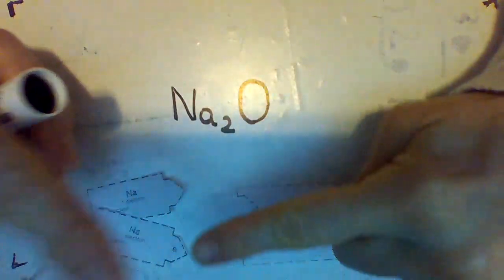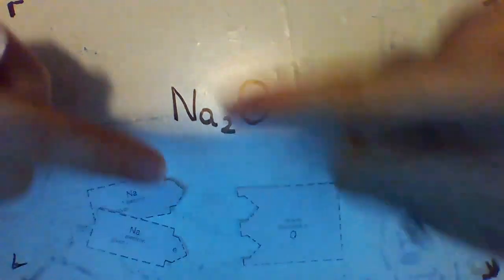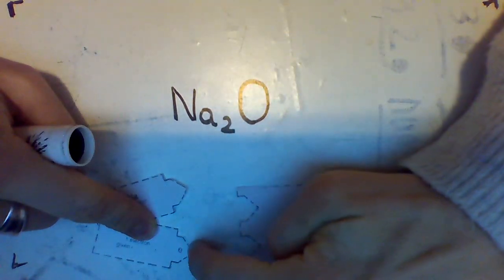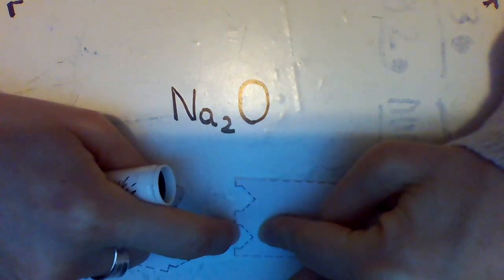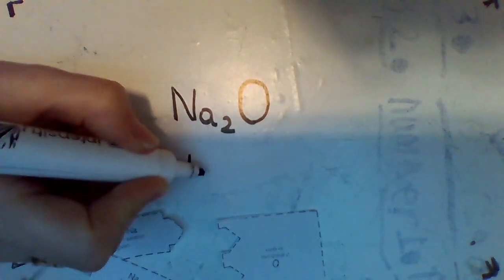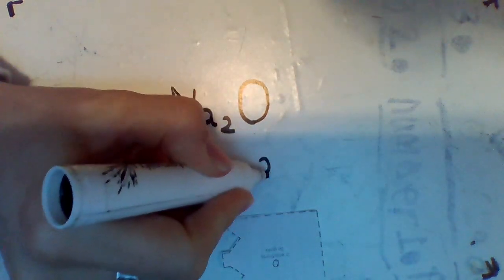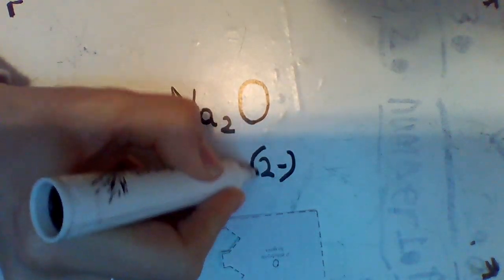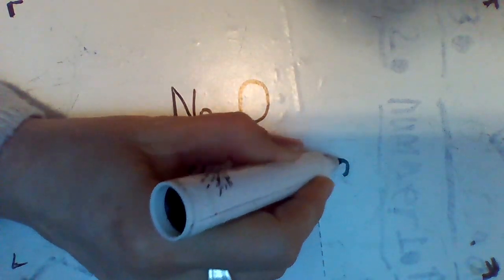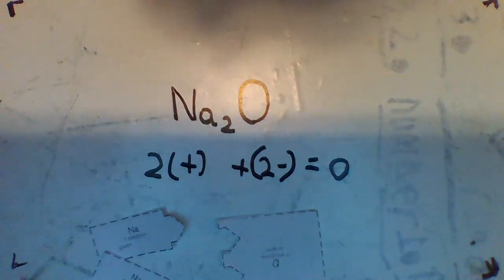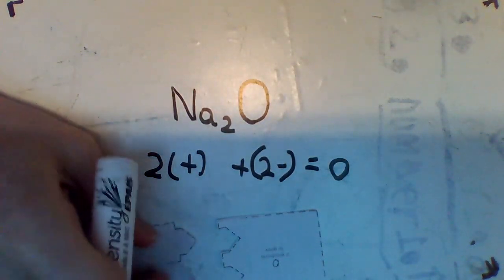So just keep adding puzzle pieces together until all the electrons that are available to be given have been given. All the electrons that need to be taken have been taken. After that's done, you should notice that the charges, when you add them up and consider how many of each charge you have, should be equal to 0, since ionic compounds are neutral.